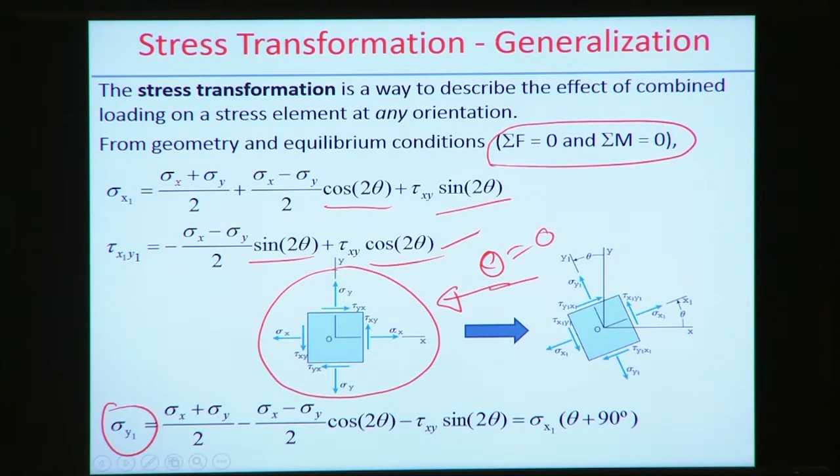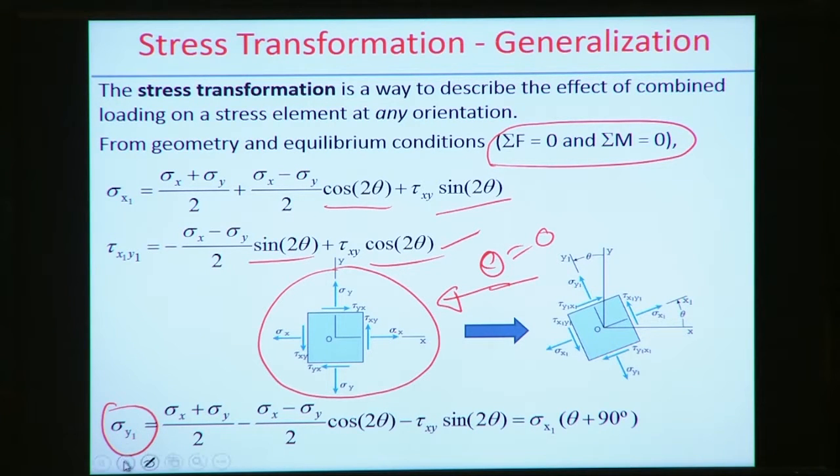So that is true. Similarly, for tau x1y1, simply putting theta equal to 0, it should be equal to tau xy. Similarly, sigma y1 will be equal to sigma y if theta equal to 0. So this is just a cross check of the expressions.